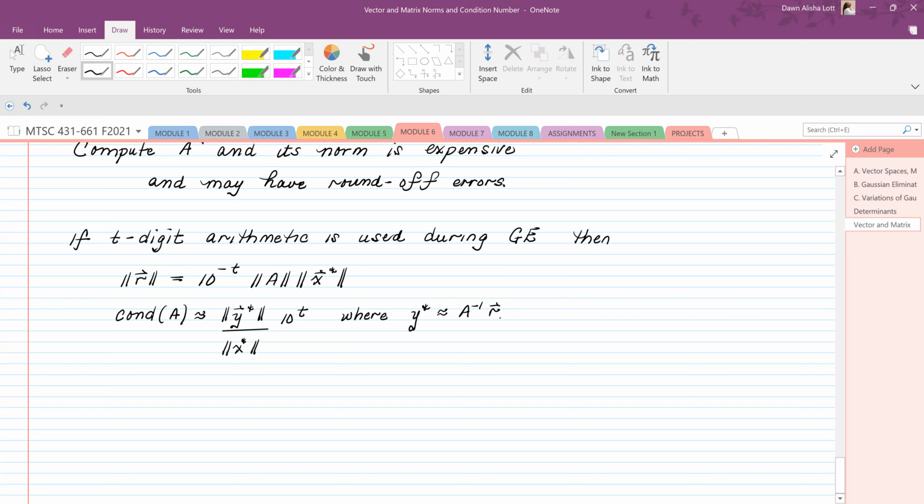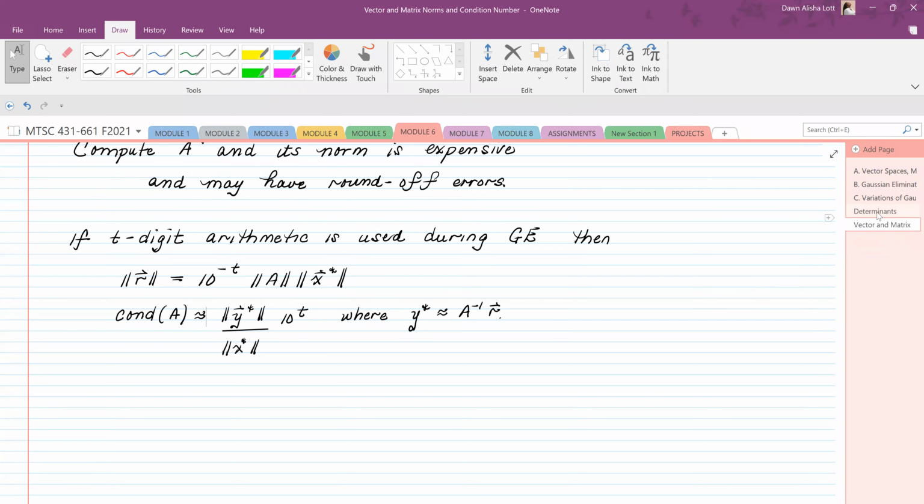Okay. All right, so I want to talk about two other methods for solving AX equals B. And they are the Gauss-Jacobi and Gauss-Seidel iterative methods.